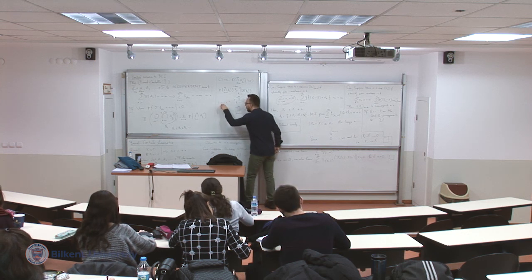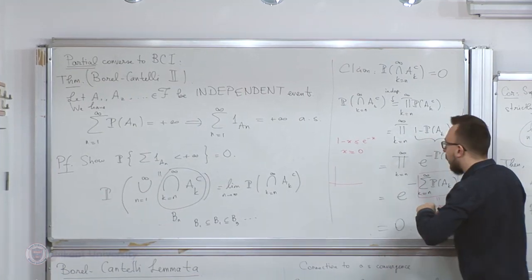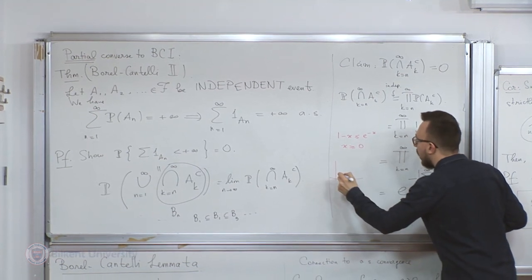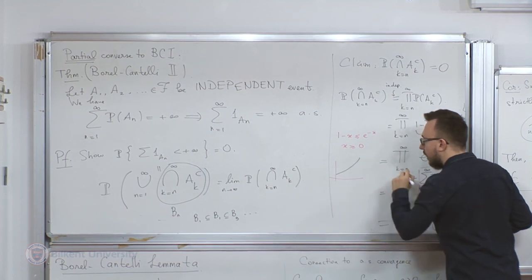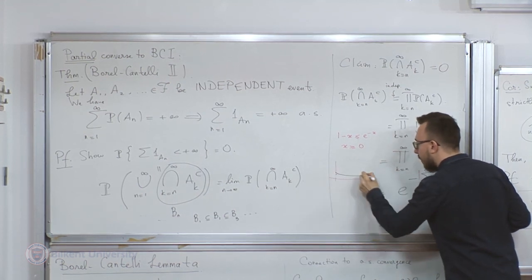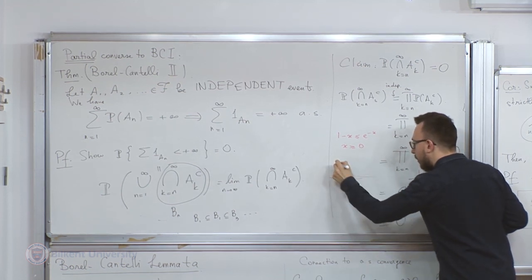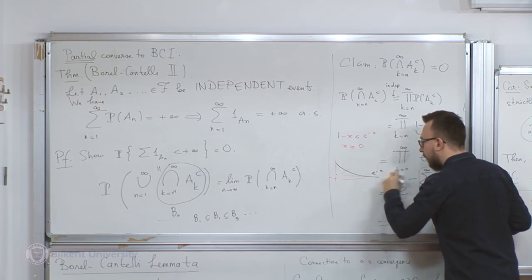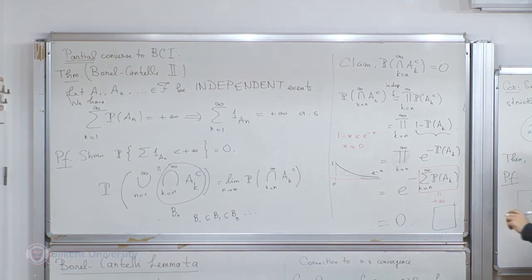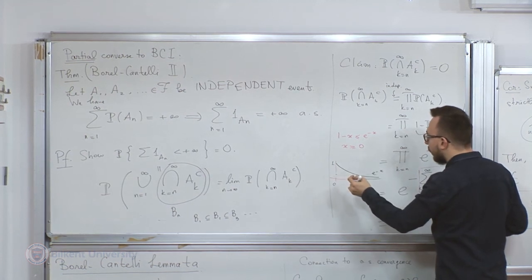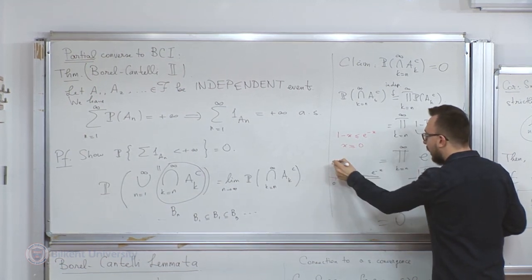If you'd like to have a picture for these functions, let me draw e to negative x, like this, okay? So when x is 0, this is 1, and then as x goes to infinity, this goes to 0, okay? And how about 1 minus x? Well, at 0, it is 1.